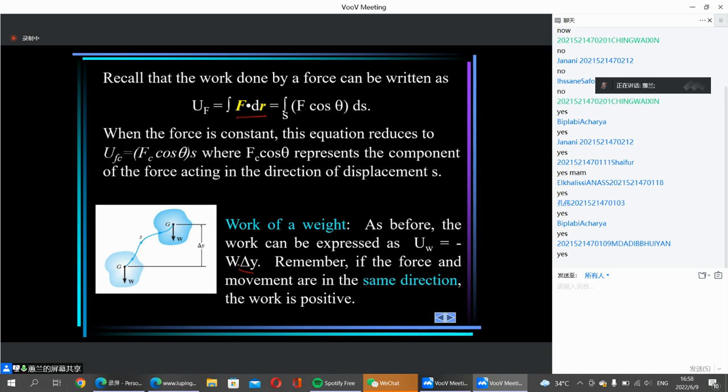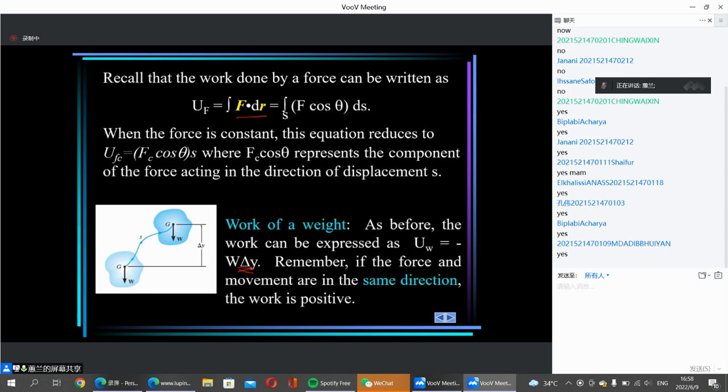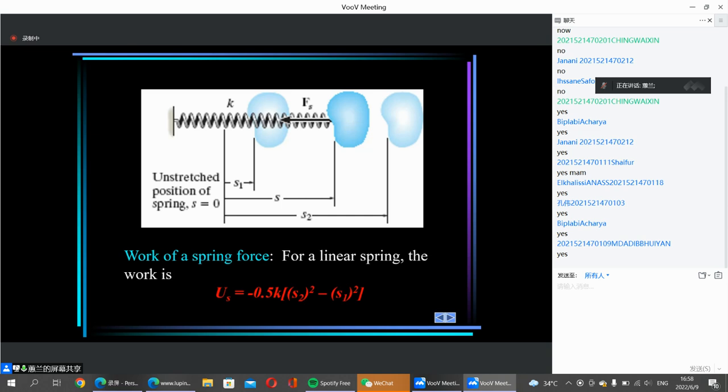So here, delta y is the displacement of the gravity center. And because the weight is downward, if the rigid body is going up, the weight will do negative work on the rigid body, and vice versa.